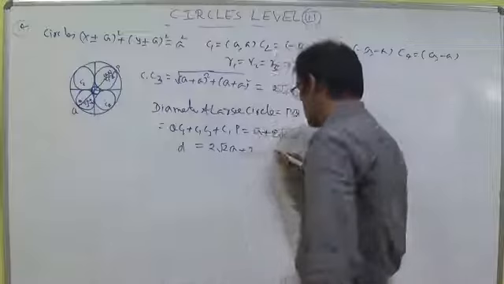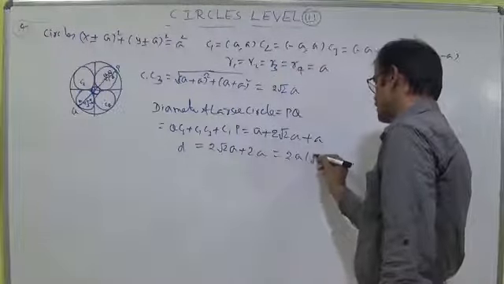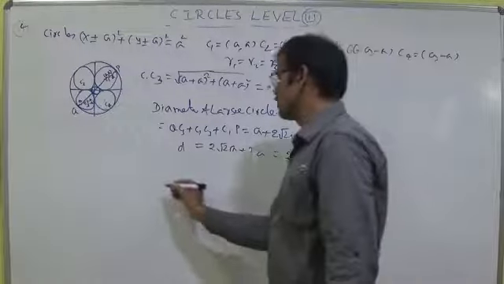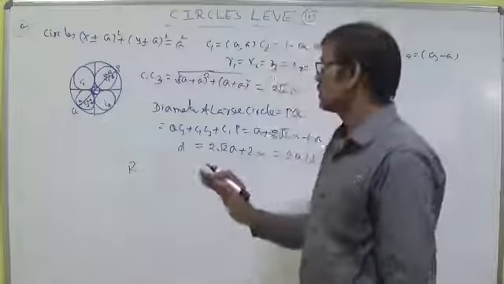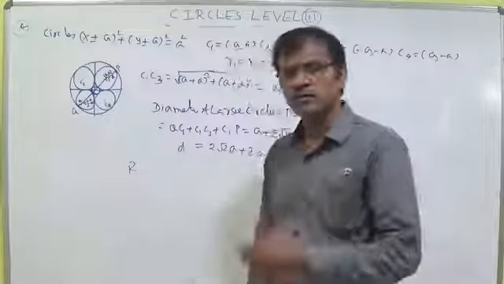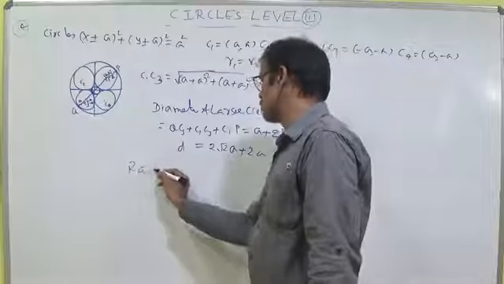Now take 2A common. Here you can write root 2 plus 1. Now we write the radius. Sometimes in MCET they ask the diameter also, sometimes the radius, so you should remember both answers.